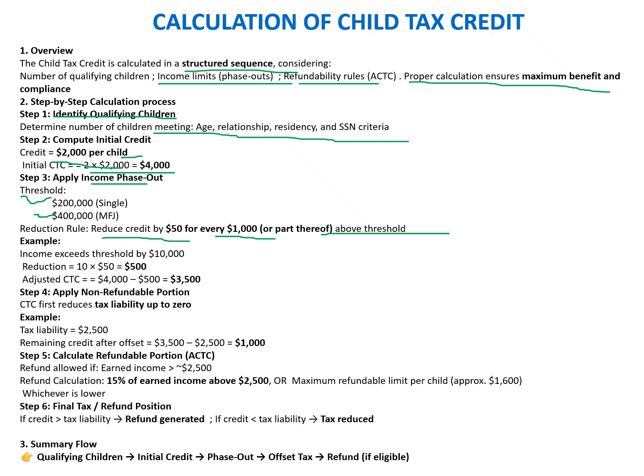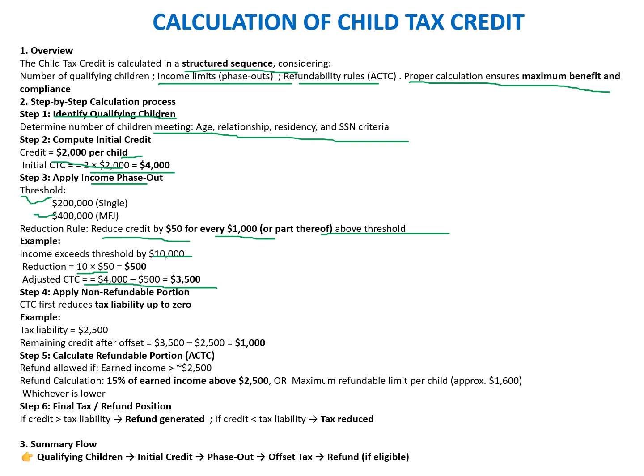For example, if income exceeds the threshold by 10,000, then the reduction is 10 times 50, because every 1000 increase leads to a reduction of $50. So 10,000 means 10 times an increase of 1000, multiplied by 50, which is a 500 reduction. So the adjusted CTC, if there are two children, is 4000 minus 500, which is 3500.